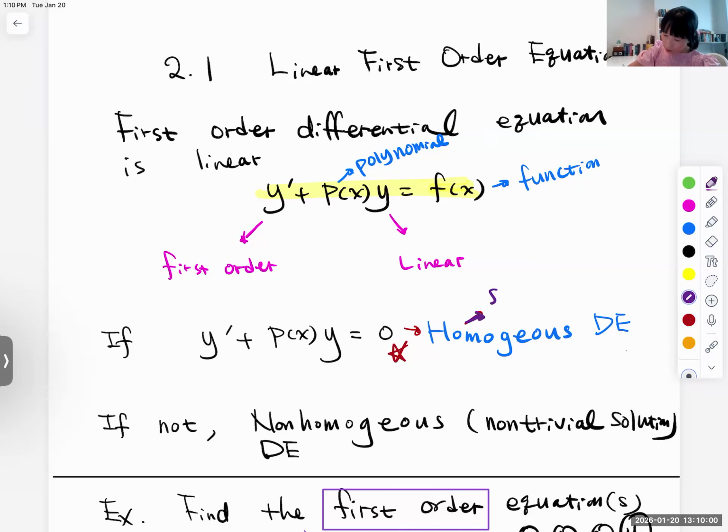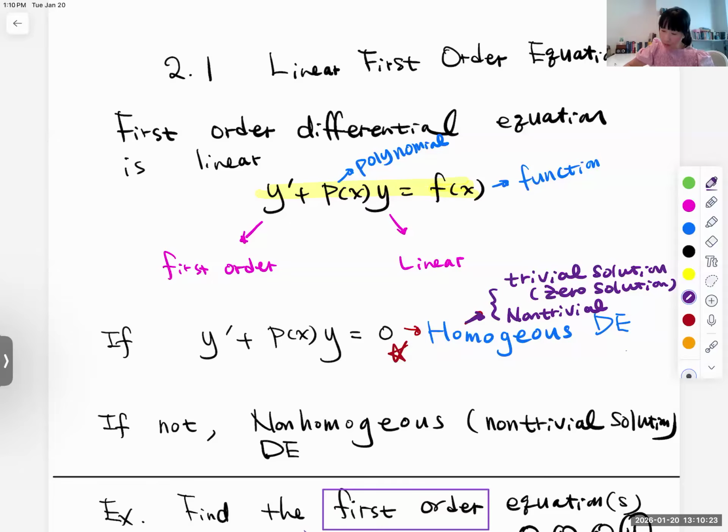It can be the trivial solution, the zero solution, or a non-trivial solution, which means any other solution. Make sense?